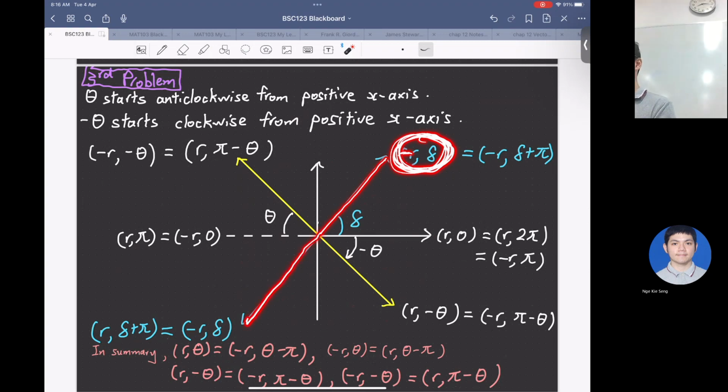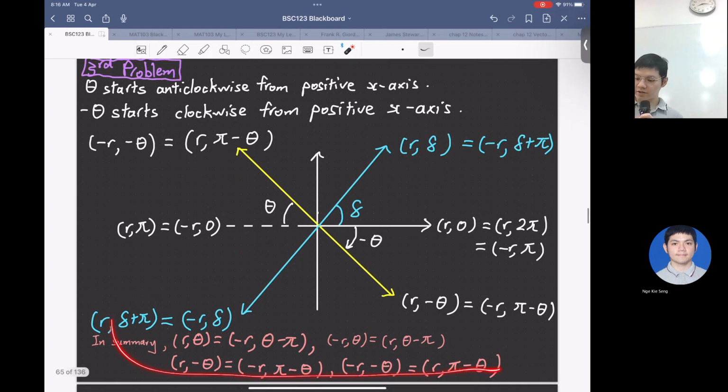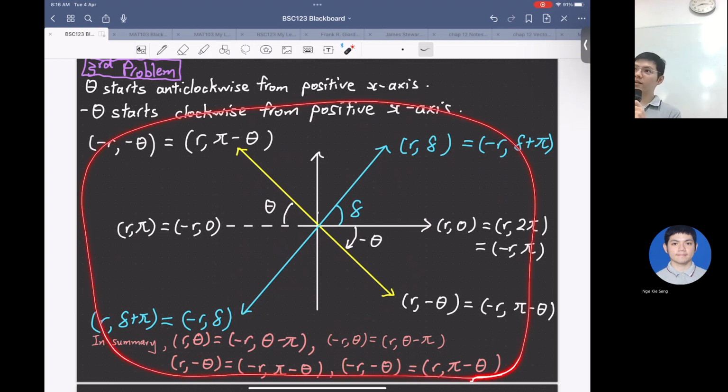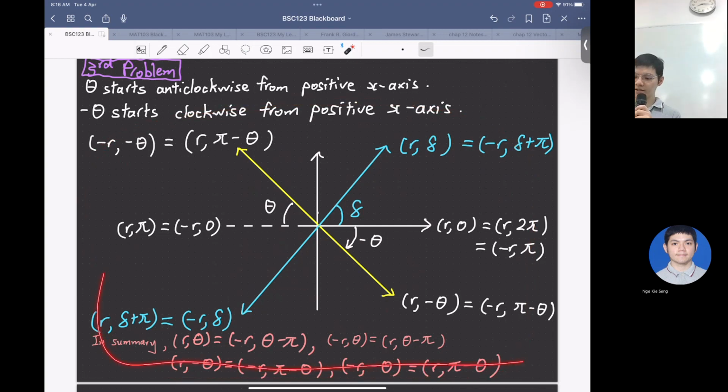Make sense? Here I summarize all the relations between (r, theta), (r, minus theta), (minus r, theta) and (minus r, minus theta). This links everything together. You are welcome to check this and see if you can compute the right thing.